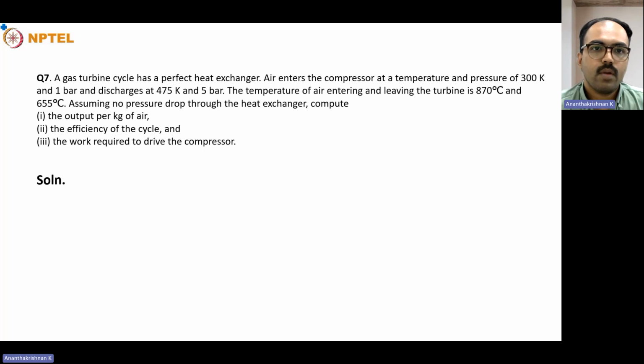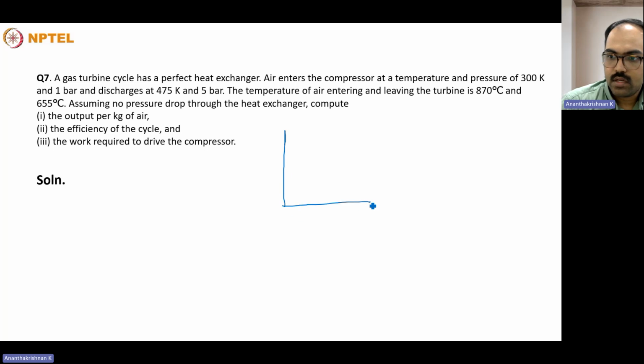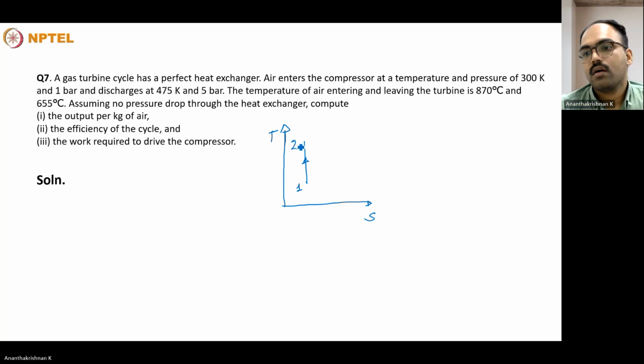So it's a straightforward problem. Before solving the problem, we can just put the state points on a TS plane. So 1 to 2 is an isentropic compression.